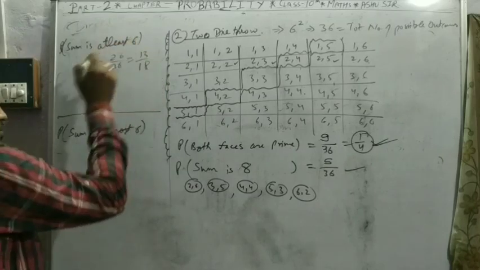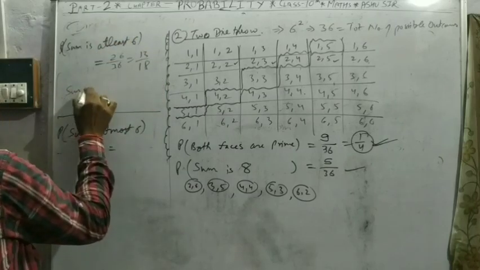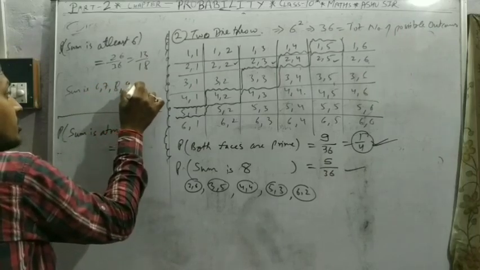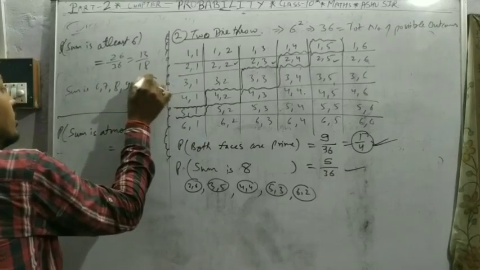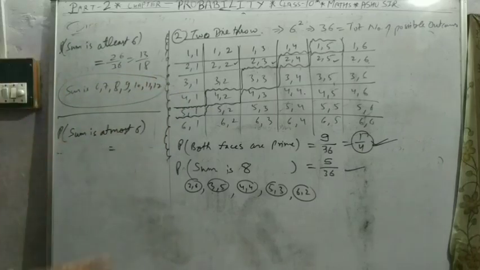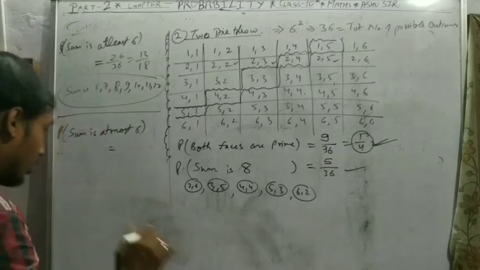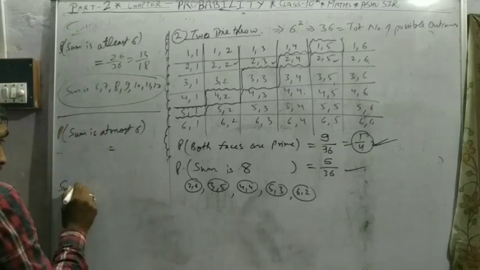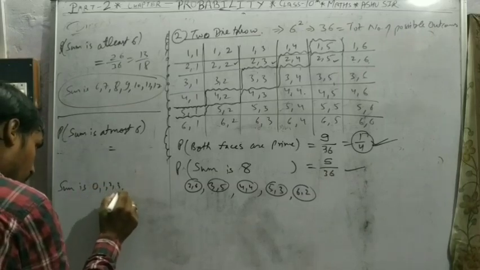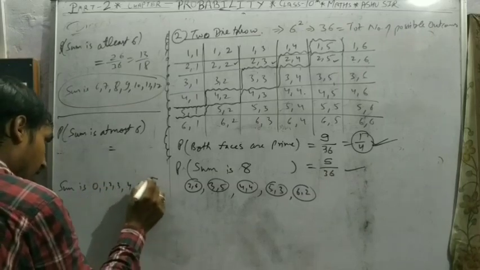At least sum 6 means the sum is 6, 7, 8, 9, 10, 11, 12. They are included. Sum is at most 6 means not more than 6, but 6 we have taken, means the sum is 0, 1, 2, 3, 4, 5 and 6.